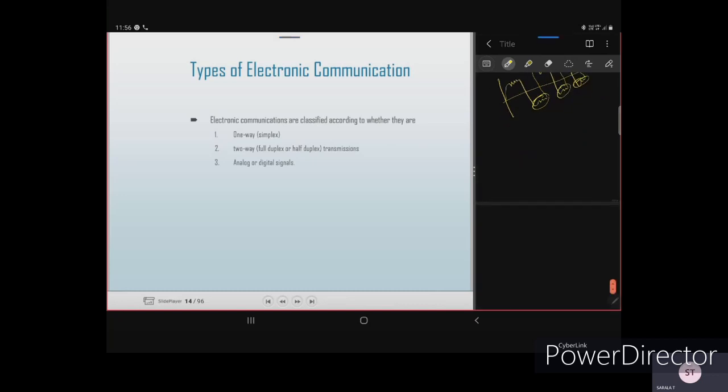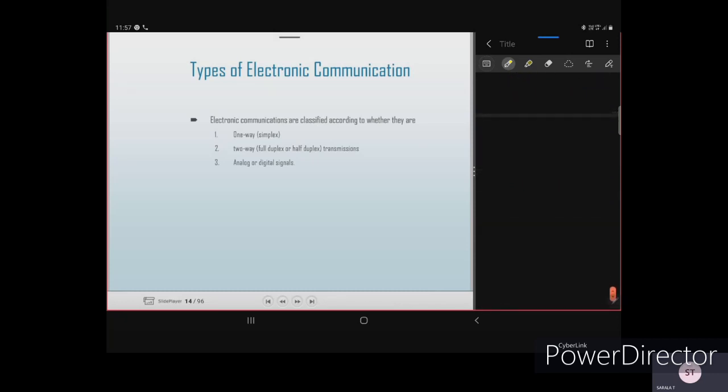One way is simplex: you have a transmitter transmitting to the receiver end, but you can't do vice versa. The receiver can't transmit information. Only the transmitter does the transmission. Only one-way communication, that is simplex.